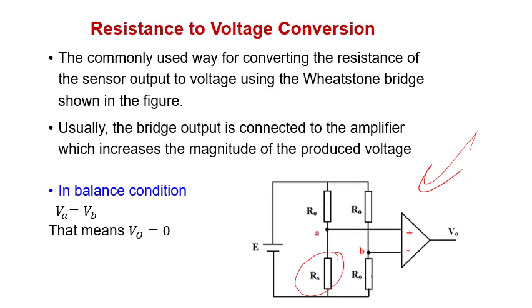Keep in mind that in balance, when VA equals VB, the output will be 0, because whatever the gain is, the voltage between point A and point B multiplied by the gain will give 0 in the output.